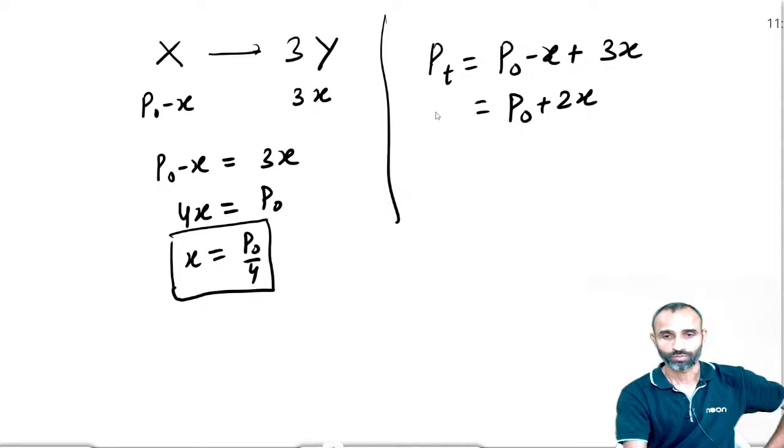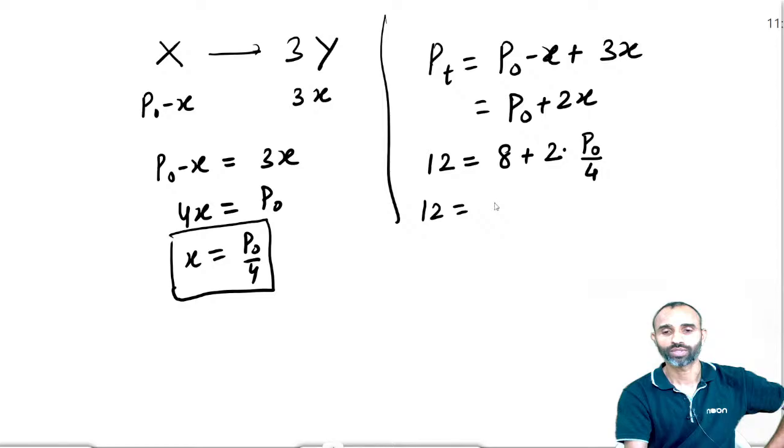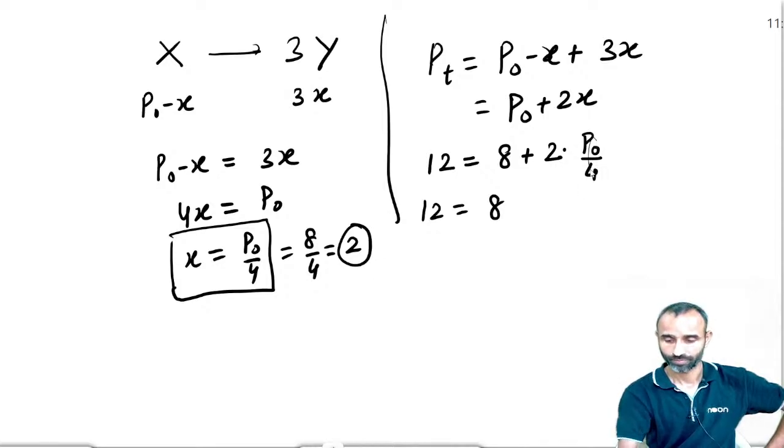Now P total is given as 12, P naught is 8, 2 into x, where x is P naught by 4. That means 12 is equal to 8 plus 4.